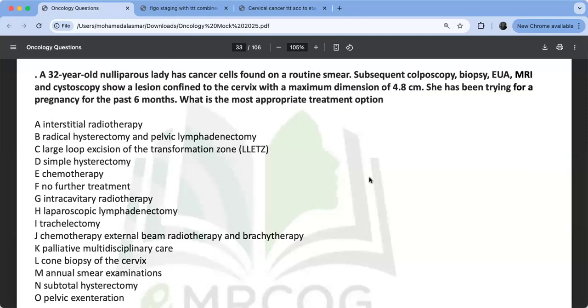A 32-year-old nulliparous lady had cancer cells found in a routine smear. Subsequent colposcopy, biopsy, examination under anesthesia, MRI, and cystoscopy show a lesion confined to the cervix with maximum dimension of 4.8. She had been trying for a pregnancy for the past 6 months. What is the most appropriate treatment option?